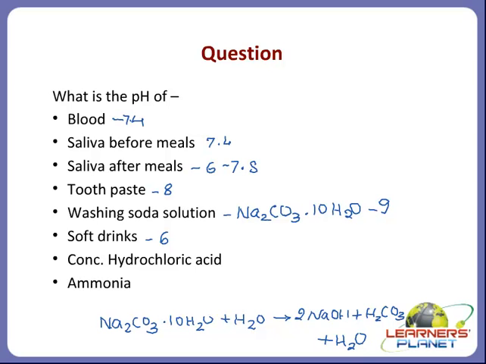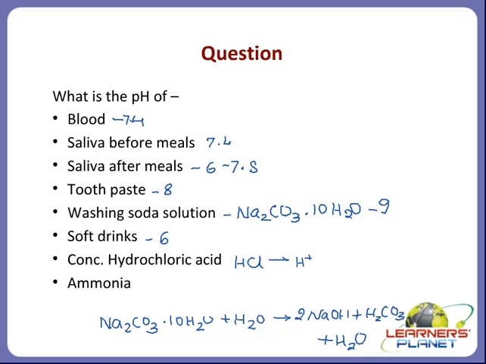Okay? Now students, our next is concentrated hydrochloric acid. Concentrated means it has a very high concentration of H ions. Your hydrochloric acid, what is the formula, students? It is HCl. This HCl dissociates to give what?